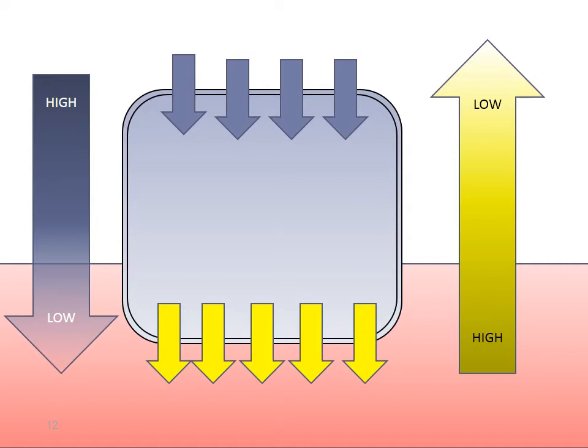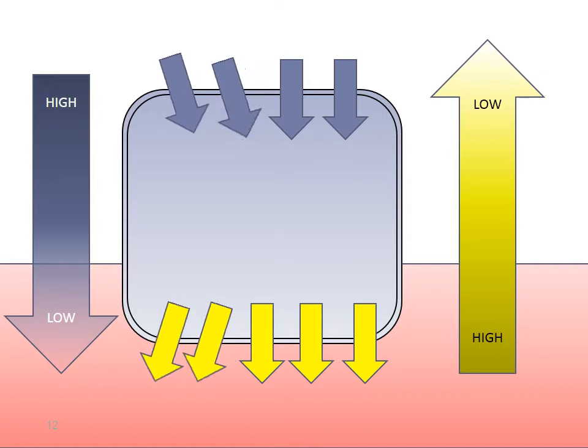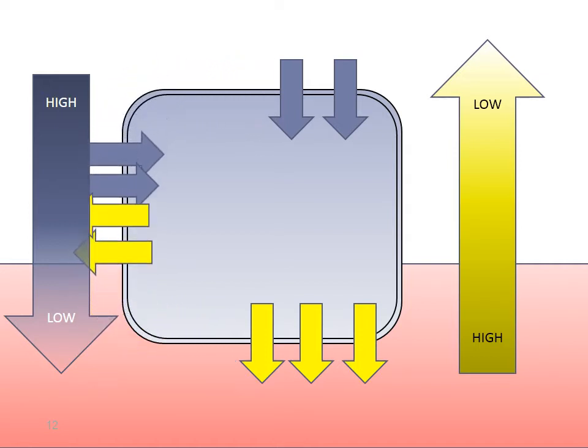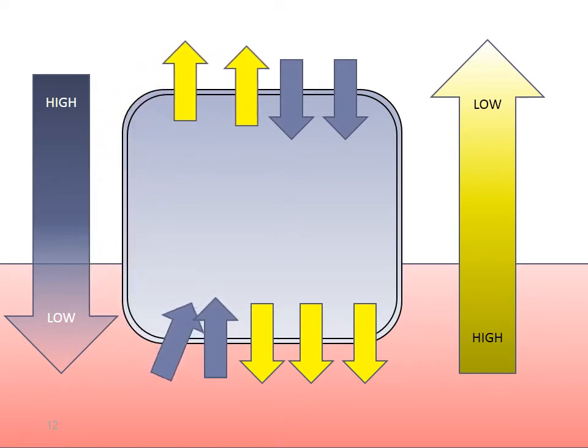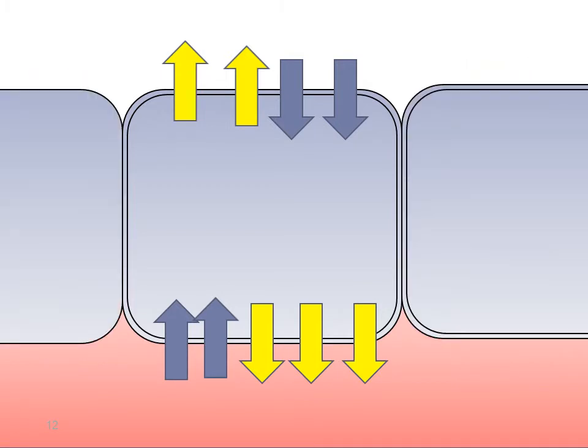If they were allowed to diffuse down their concentration gradient, staying within the plasma membrane but sliding through it, I would wind up with an equal distribution of these proteins on both surfaces. This is the type of thing that tight junctions prevent. In this sort of a situation, glucose would be pumped into the cell and then right back out, not going in the direction that I want, which would be strictly from the lumen of my intestines into the bloodstream.